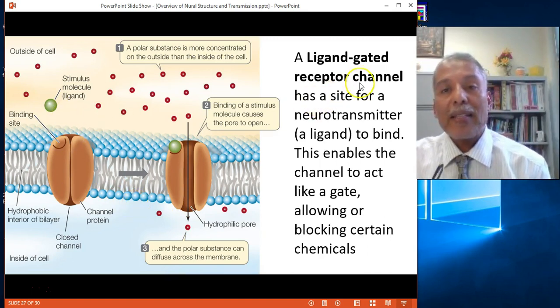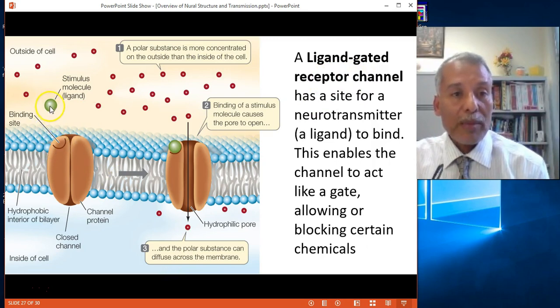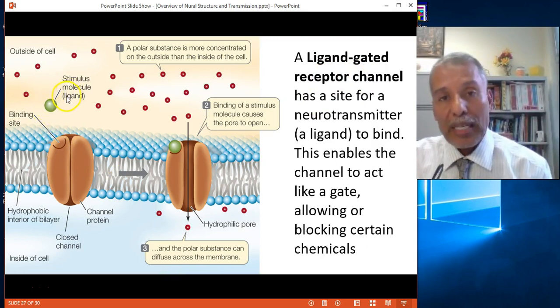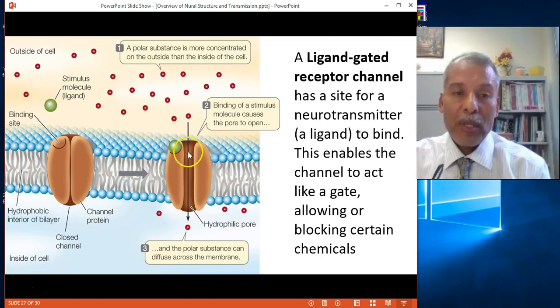So in that case, the ligand-gated receptor channel, again, you have a neurotransmitter that comes from the presynaptic neuron. It docks onto a special site, like a key into a lock on top of the receptor channel. And that is going to either make it open to allow chemicals from outside to go in, or chemicals inside to go out.